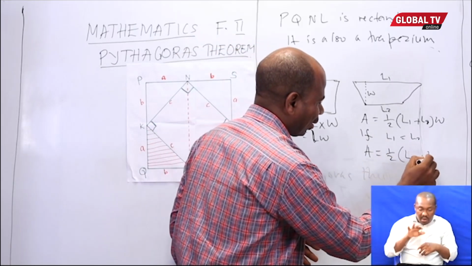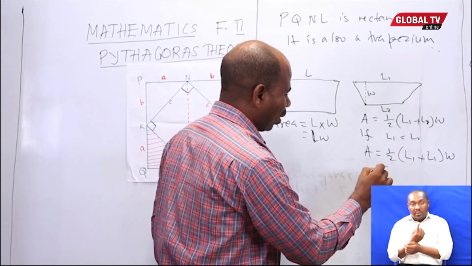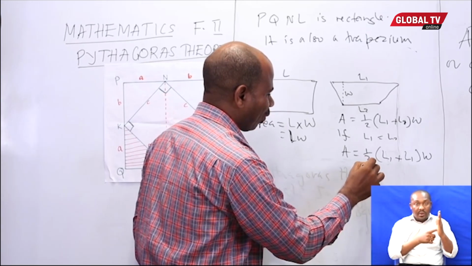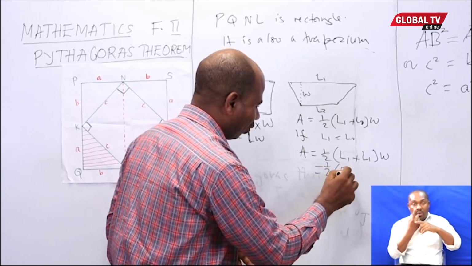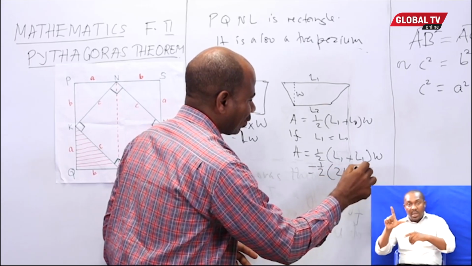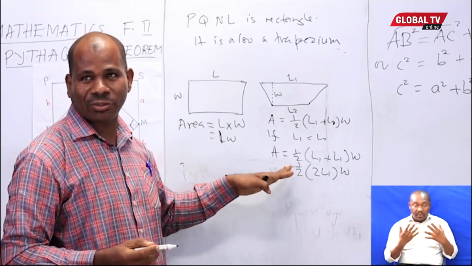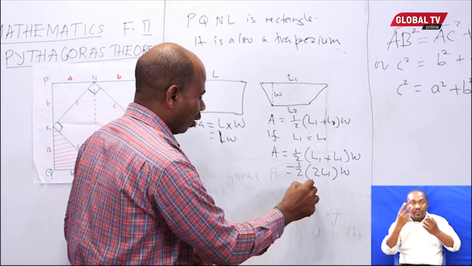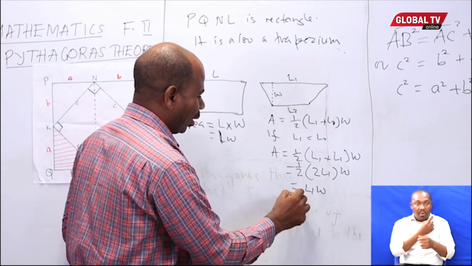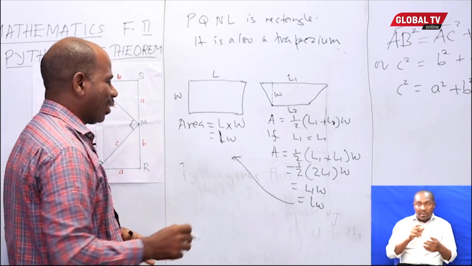Let us use L1, and multiply by W. So the formula becomes 1 over 2 into L1 plus L1, which is twice L1, times W. So it is possible to cancel 2 and 2. If you cancel, the half becomes L1 multiplied by W, which is the same as LW. And this is the same as a rectangle.